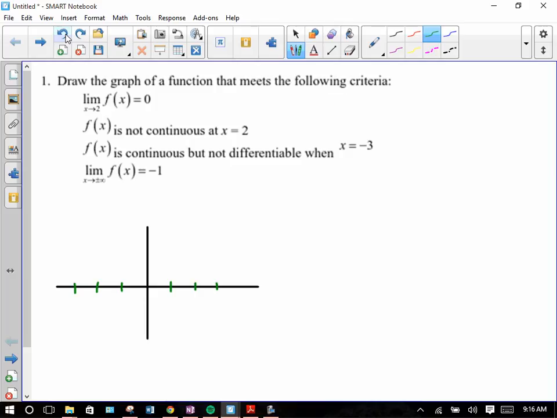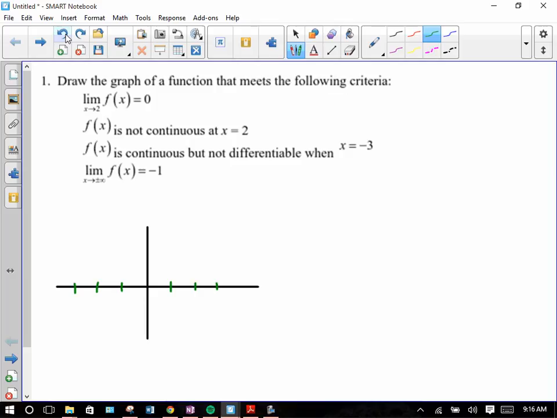Okay? Now, it also says f of x is not continuous at x equals 2. That means there's what at x equals 2? Probably a hole. And we know it's a hole because the limit does exist. If the limit didn't exist, then it might be a vertical asymptote or a jump. But since the limit exists, that tells us that the left-hand limit and the right-hand limit are the same.